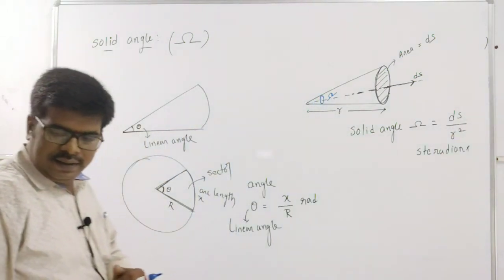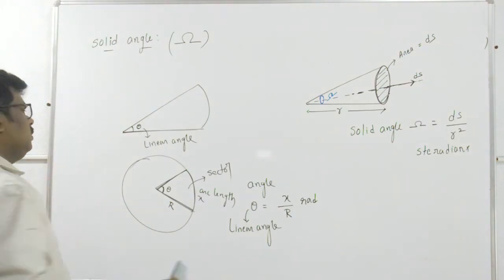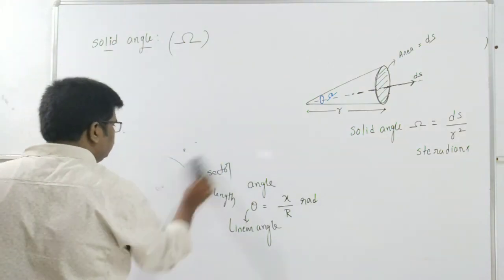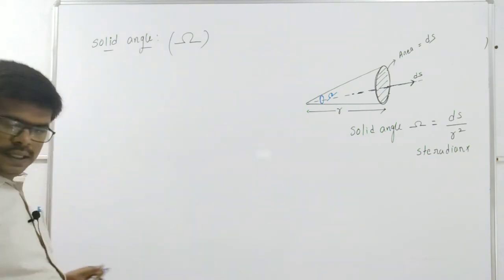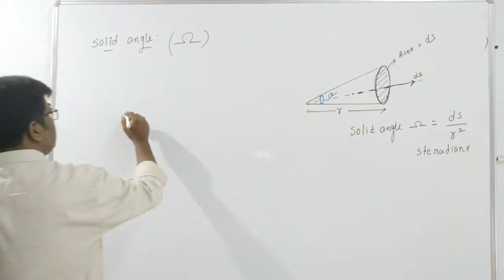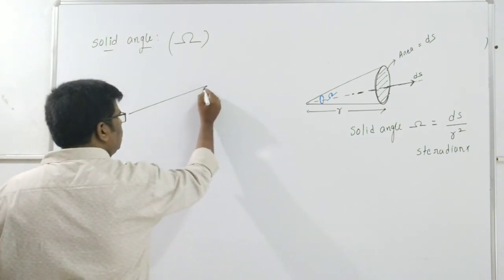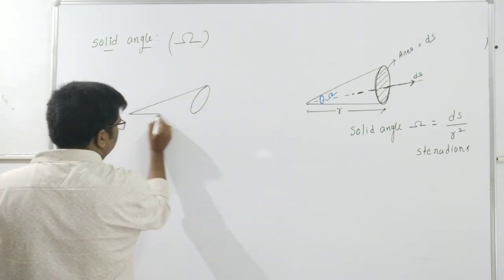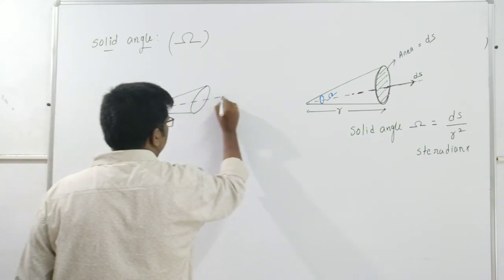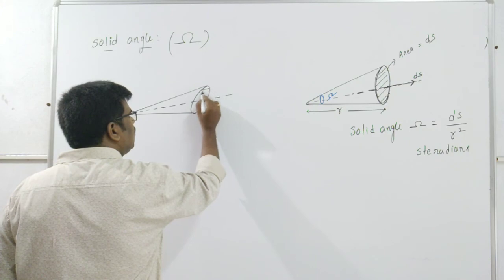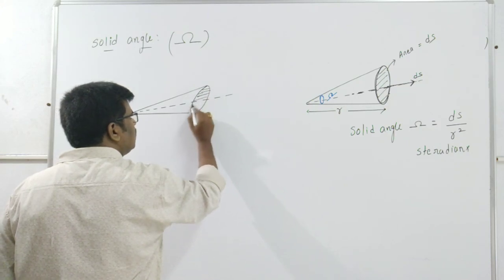Suppose the area vector is not along the axis of the cone, the case is like this. So this is the axis, but the area vector is like this.